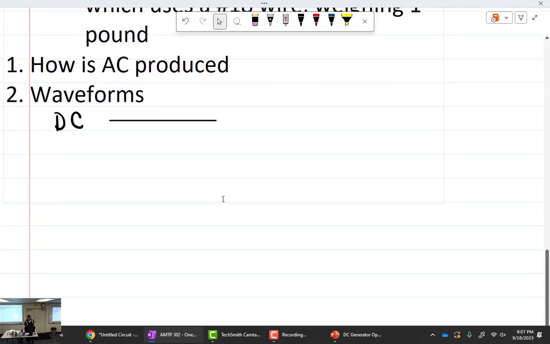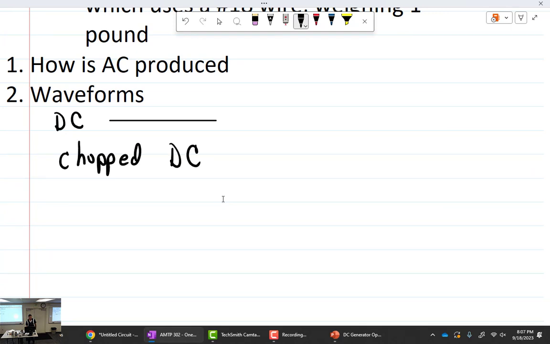We have chopped DC, which would look more like this, where you're alternating between off and on states. It'd be so close together that you just see DC, pretty much.